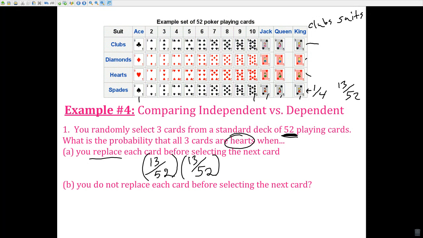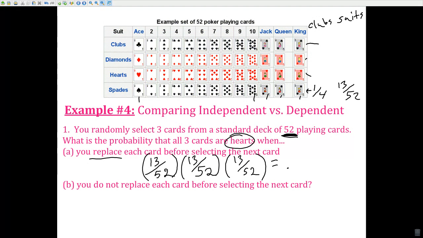You still have all 13 hearts in the deck. Those are all independent events because you're putting it back and shuffling it, so you have another random independent event. And so the chance that there will be all three hearts when you keep putting it back in the deck is what we're going to be finding out.